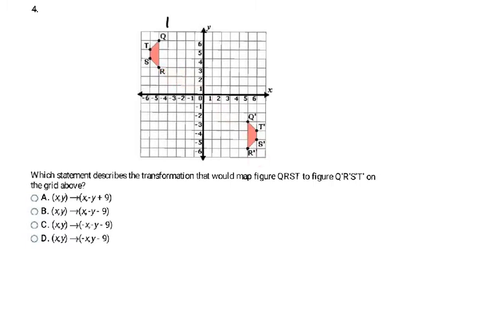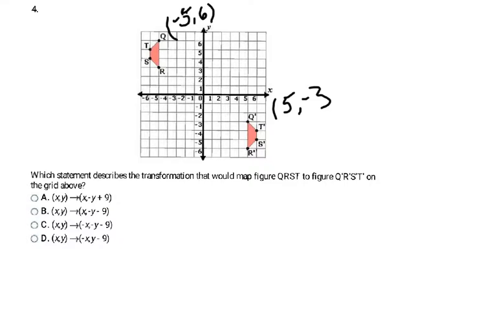So I'm going to go ahead and look at the actual coordinates of Q, which regular Q is negative 5, 6. And the new Q is 5, negative 3. So if I look at the x coordinates here, I have a negative 5 and then a positive 5. So those are just opposites.